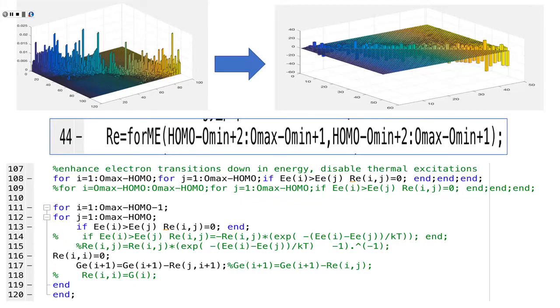And those off-diagonal quadrants would correspond to non-radiative transitions from occupied to unoccupied. It's a probability that an electron from an occupied orbital will jump up to unoccupied because of thermal motion of nuclei. See, it is 0, or very close to 0.